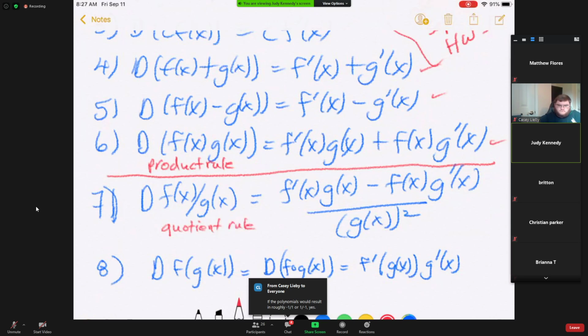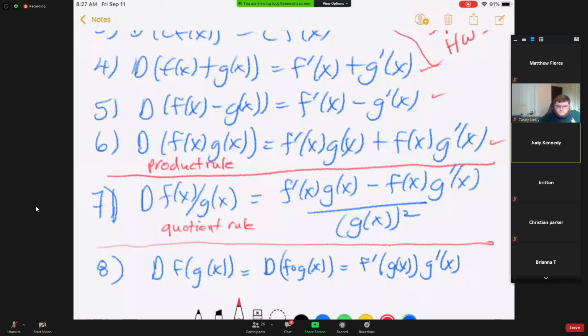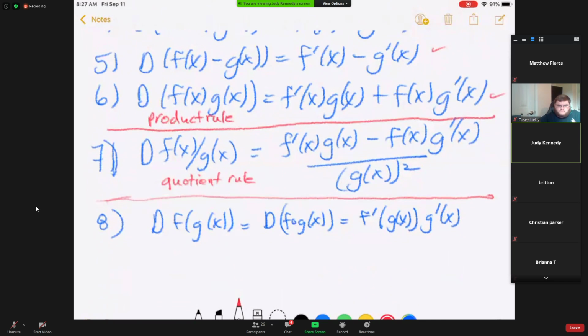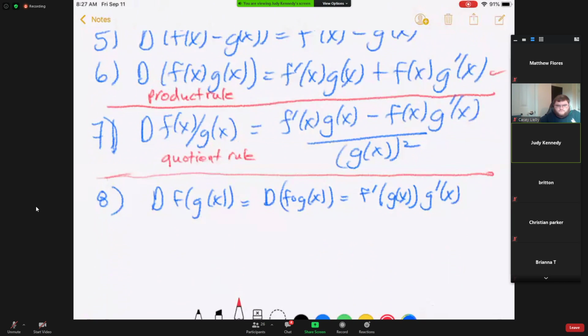The proof is very similar to the proof of number 6, so it's not difficult. And I don't know if we'll get to number 8 today, but number 8 is called the chain rule. Okay, and it tells you how to deal with derivatives of composite functions.